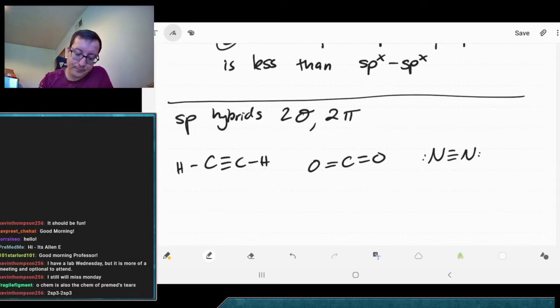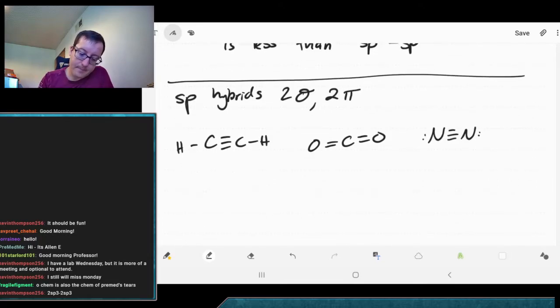So, looking at this particular carbon here, it's got 2 sigma bonds. It's got 1 sigma bond to the hydrogen, 1 sigma bond to the other carbon, and then it also has 2 pi bonds in between the 2 carbons there.